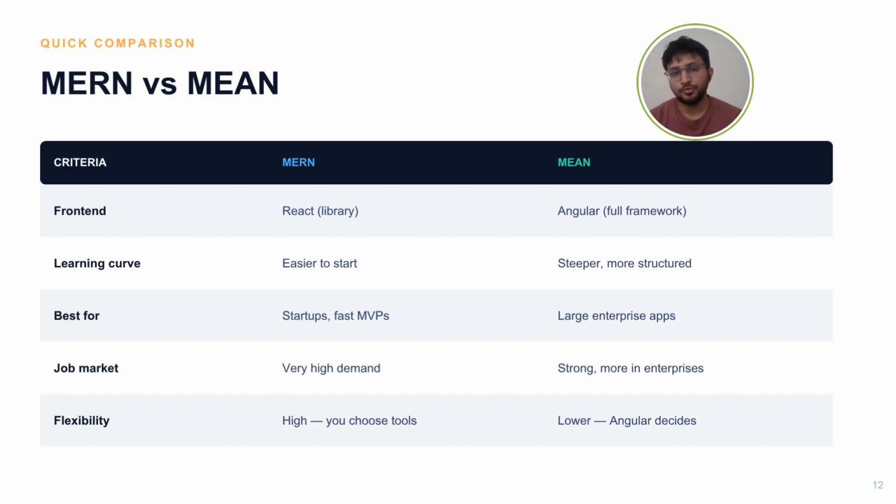So we should go for MEAN and MERN both. That's all about the difference between MEAN and MERN.